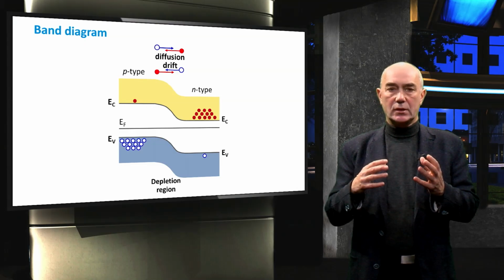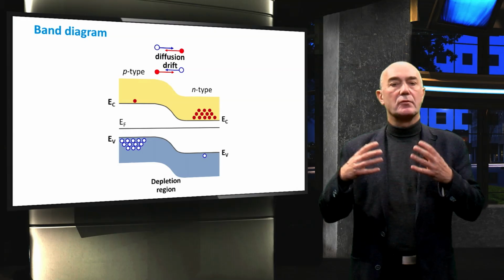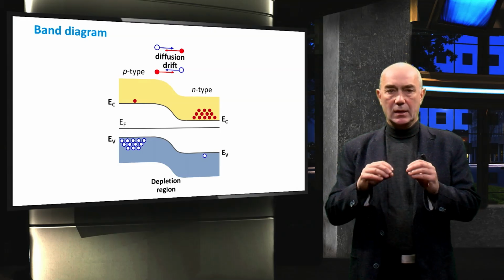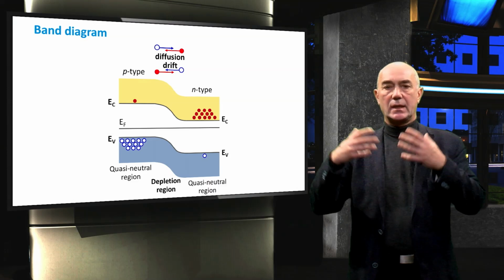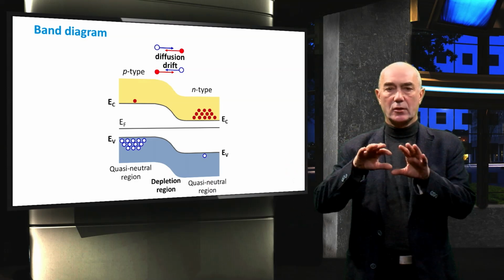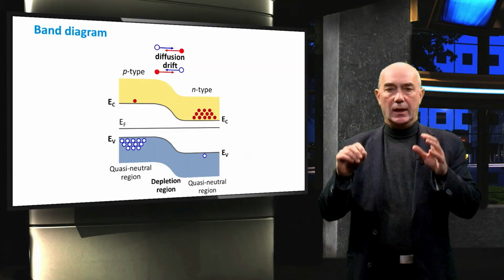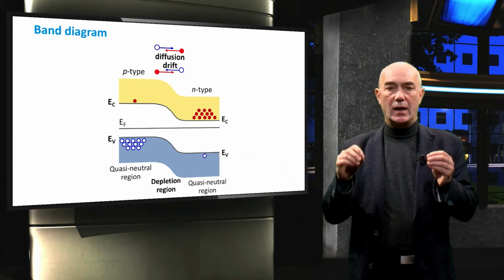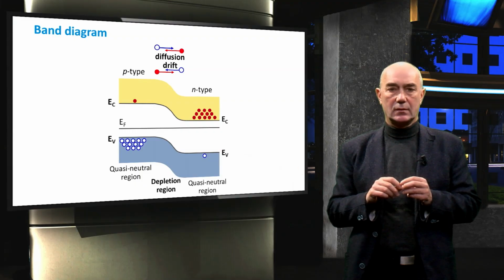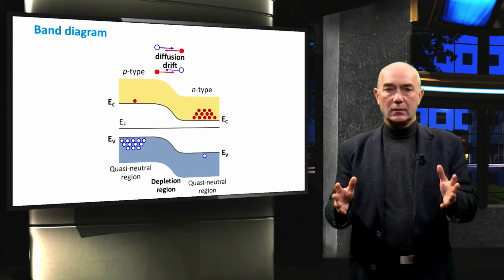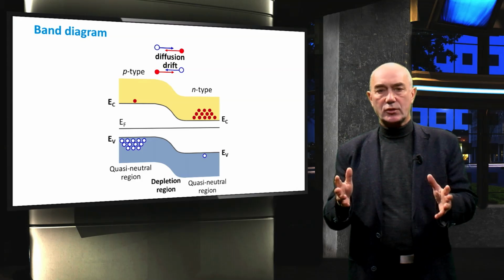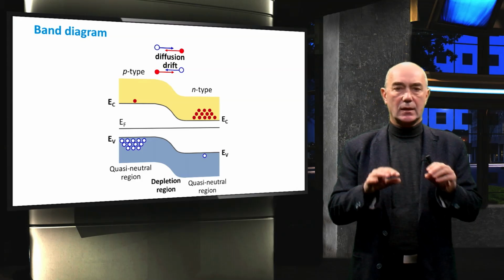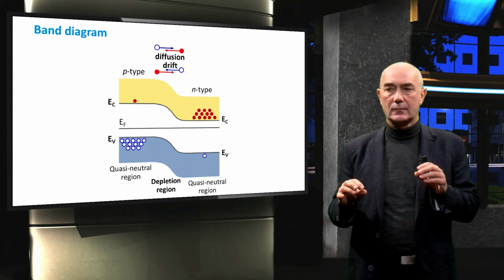The depletion region or space charge region is the region of the band diagram where there is a slope in the band edges. Outside the depletion region, there is almost no electric field, and these regions are called quasi-neutral regions. You can tell that these regions have no electric field because the conduction and valence bands are completely flat.